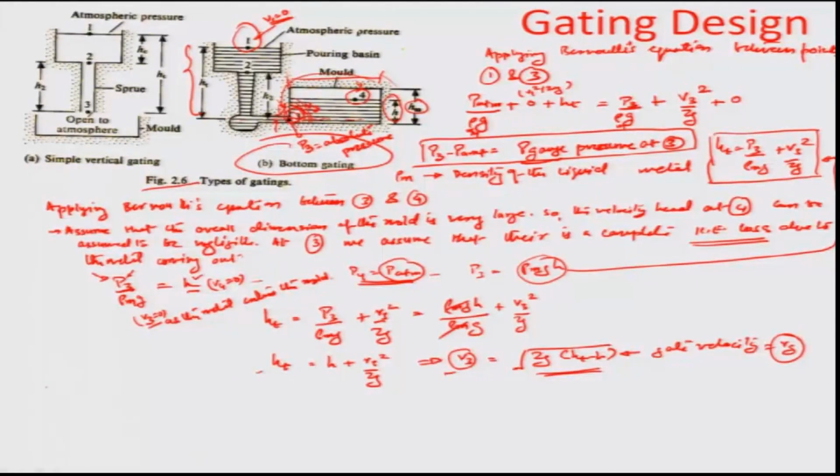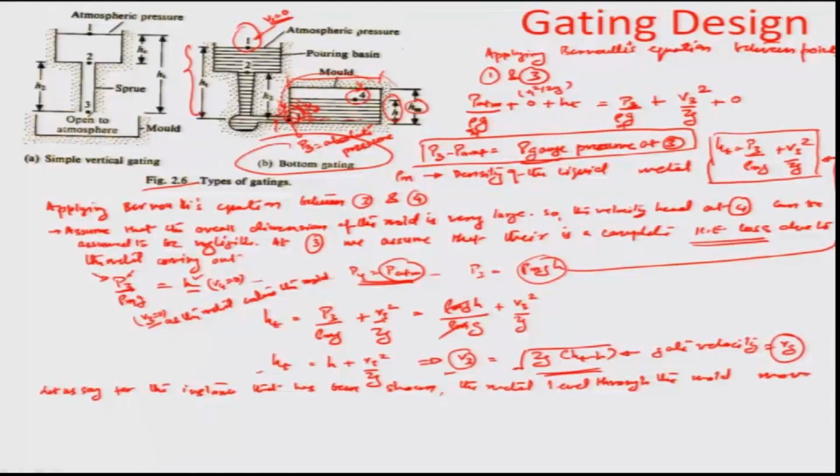So, let us say for the instance that has been shown, the metal level in the mold moves up through a height d h in a time instance d t.